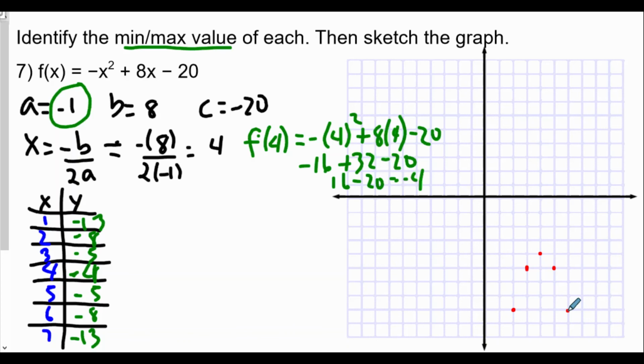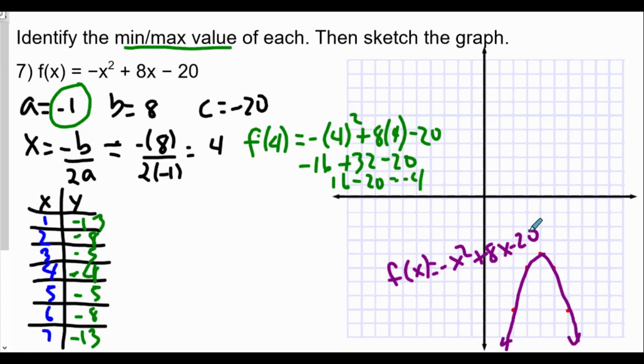So our graph is going to look a lot like this. Again, we know it's facing downwards. This is f of x, not y, f of x. Make sure I write this the same exact way. f of x is equal to -x squared plus 8x minus 20.